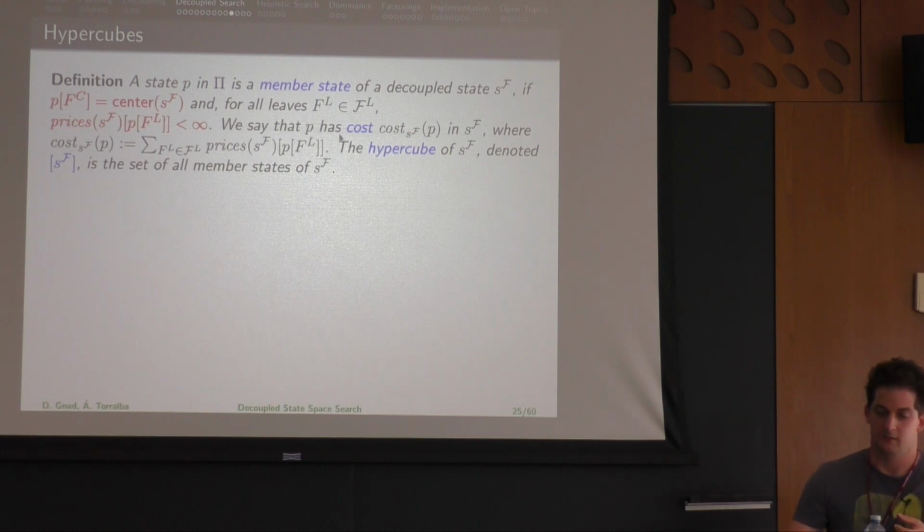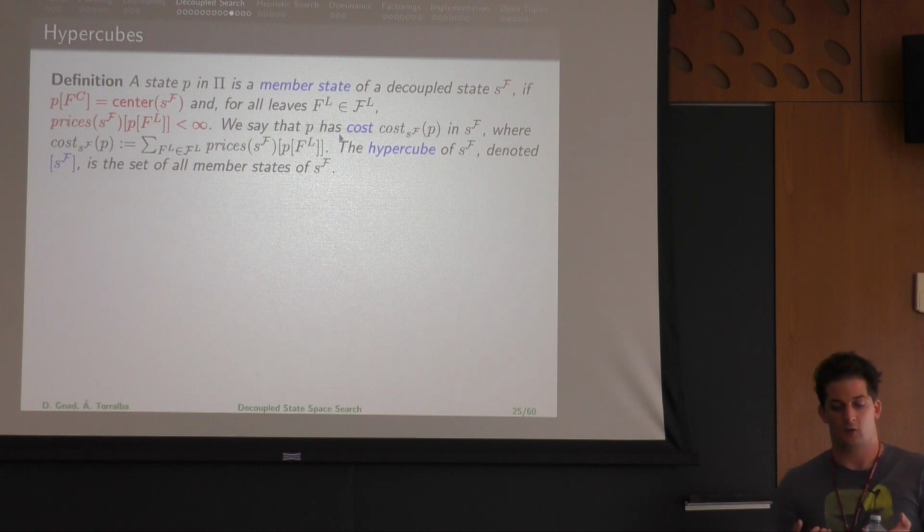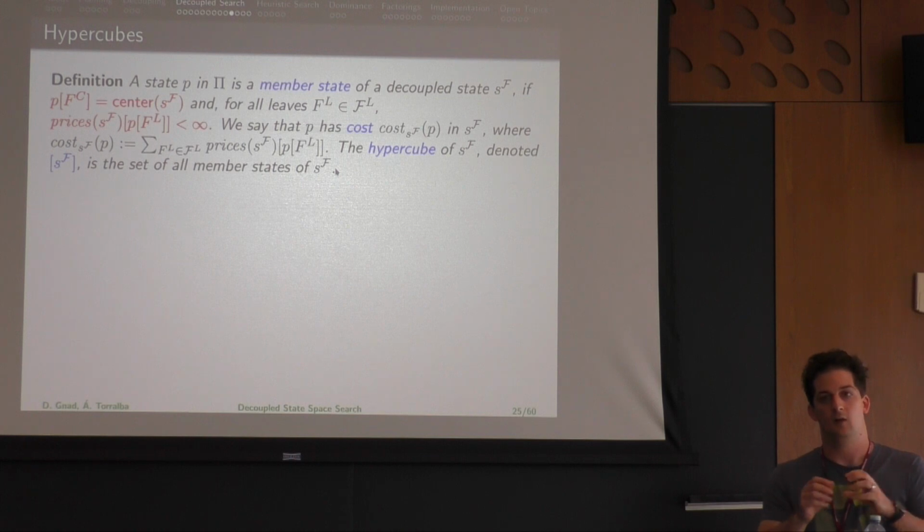Furthermore, we say that such a member state P has cost SF of P in this decoupled state, where the cost is just the sum of all prices of the leaf states out of which P is composed.